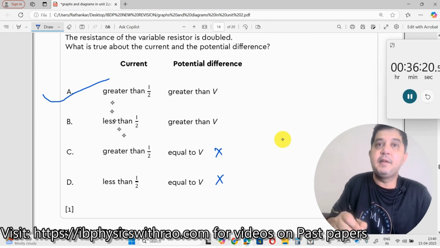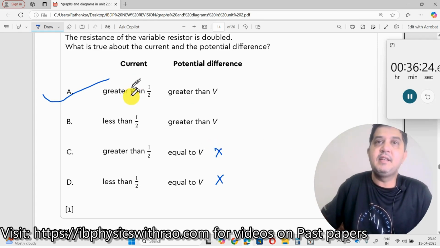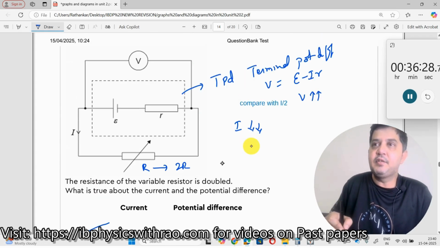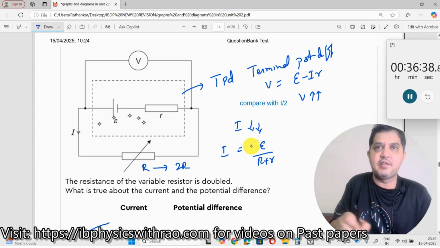Next, between these two you need to select. This is where the actual question comes in: greater than I by 2, or less than I by 2. So when I is lower, let us write an expression for I. I is equal to E divided by R plus R. This was the original expression, the total EMF divided by total resistance.